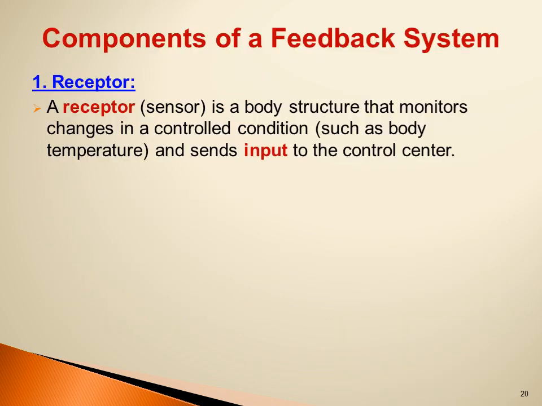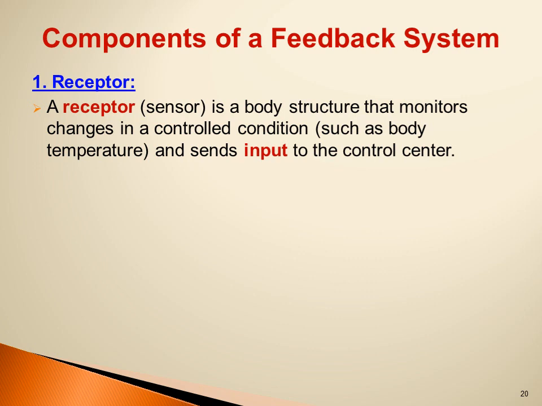So let's talk about the different components of a feedback system in more detail. We said we have a receptor, we have an integrating or control center, and we have the effector. Let's start with the receptor. A receptor or sensor is a body structure that monitors changes in a controlled condition, like blood pressure, body temperature, blood glucose, and so on.